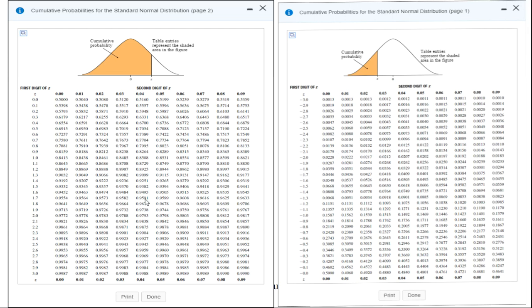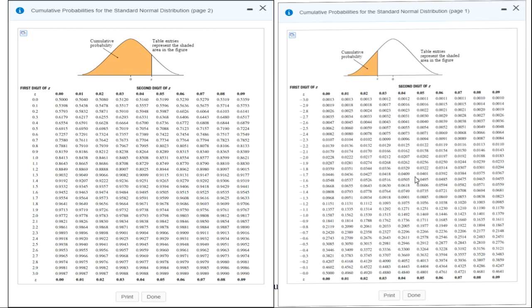Okay, look into this. This is the positive value table, and this is the negative value table. My z value is 1.5 and 0.05 is the alpha value. Once you drag it, you will get between 0.93 and 0.94, approximately 0.95.